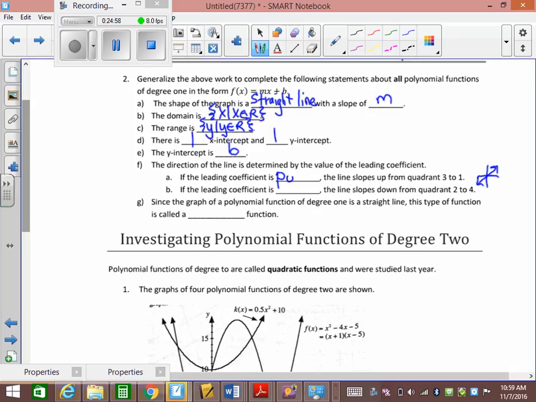Positive. And if the leading coefficient is what, the line slopes from 2 to 4? Negative. Since the graph of a polynomial function of degree 1 is a straight line, this type of function is called a linear function.